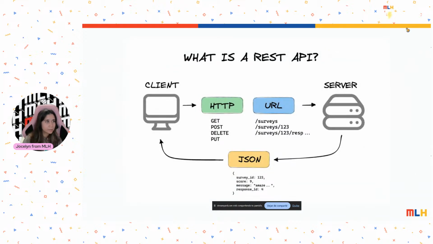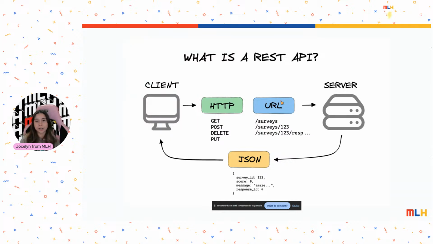Okay, so now getting a little bit more technical on what a REST API is. We have our client. We all know what a client is at this point. So our client is our application, right? And then we're going to use different types of HTTP methods, which I will explain in a while. And then those HTTP methods will be aided by a URL.